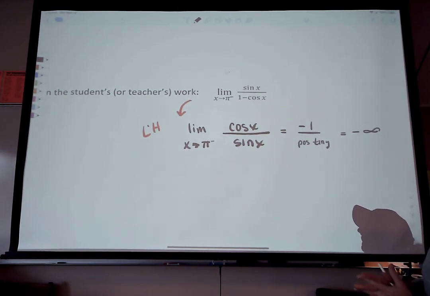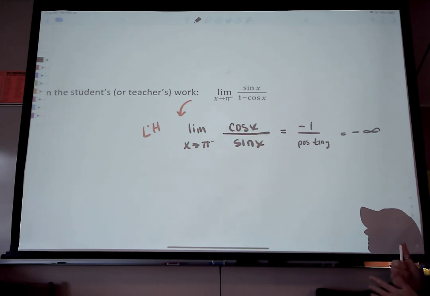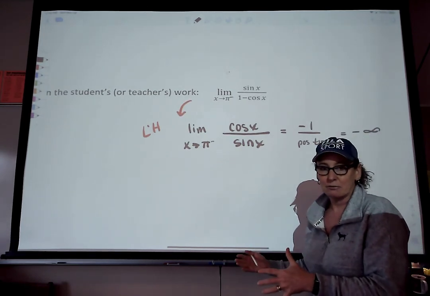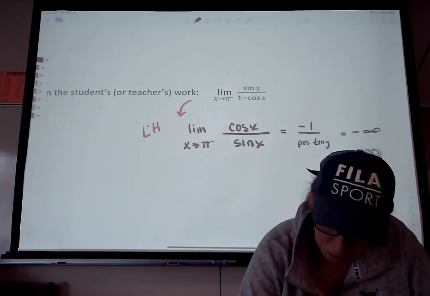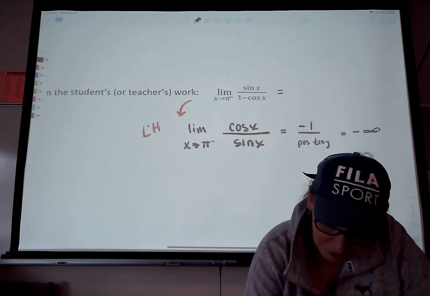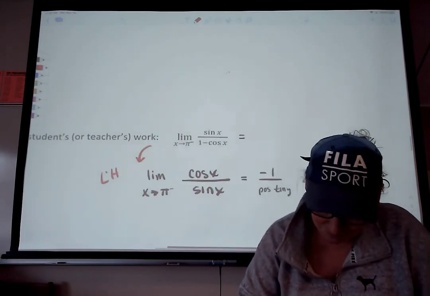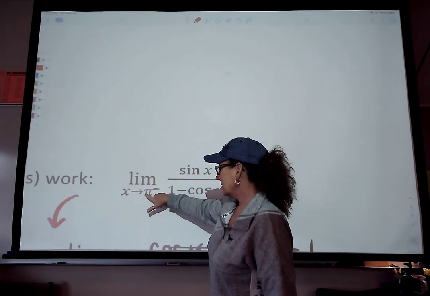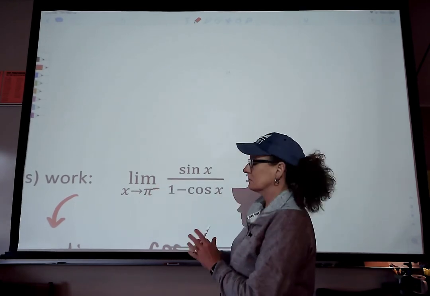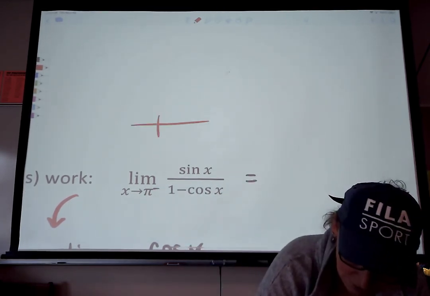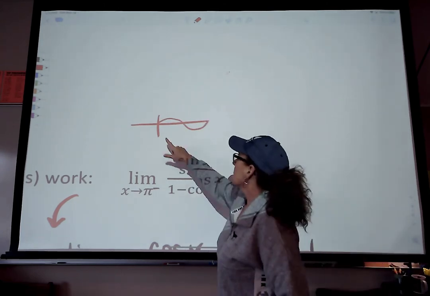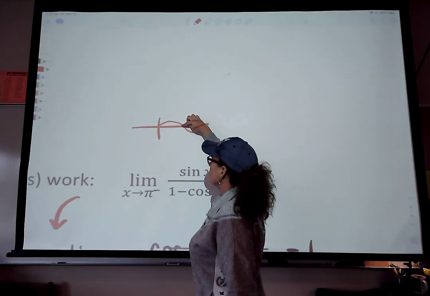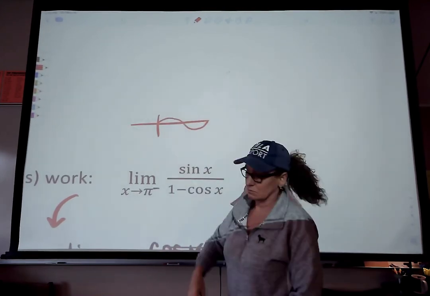At the very beginning, I never even subbed in pi to determine if I had an indeterminate form. So if I go back up to the beginning, and look at sine of x as I approach pi from the left, these values are getting super close to 0, so positive tiny.